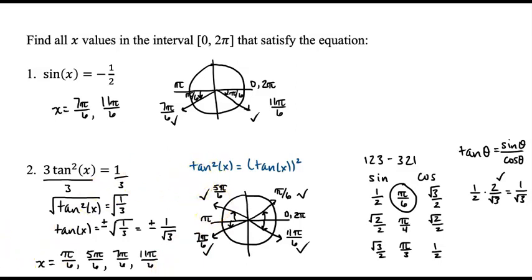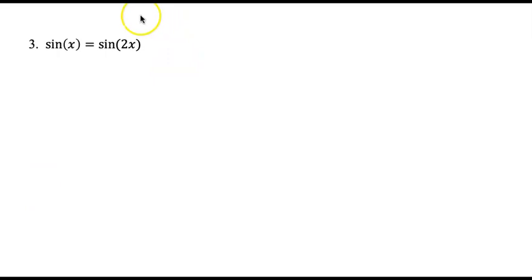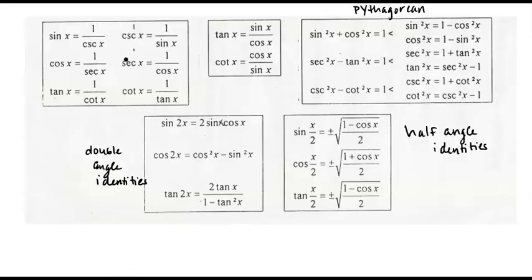Okay, so we've got one more of these. The sine of x is equal to the sine of 2x. Now here's where those identities come into play. Let's look back at this list of important identities. Well, this looks like a double angle identity, which tells us that the sine of 2x is equal to 2 sine x cosine x.